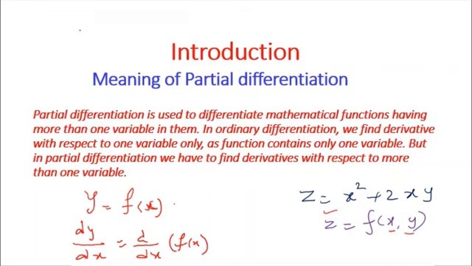We can find the derivative of z with respect to x, as well as the derivative of z with respect to y. That we call partial differentiation. We can differentiate z partially with respect to x one time, and the other time differentiate the same z partially with respect to y. That is what we mean by partial differentiation.